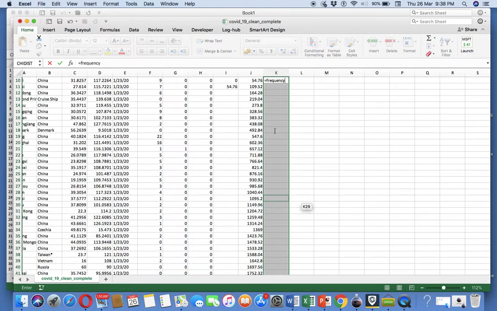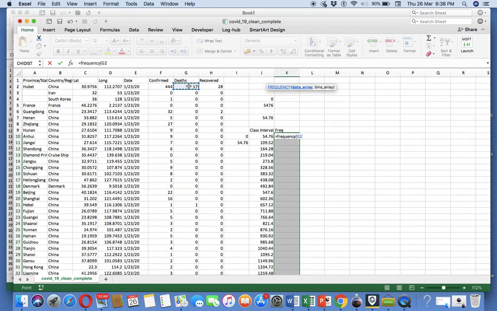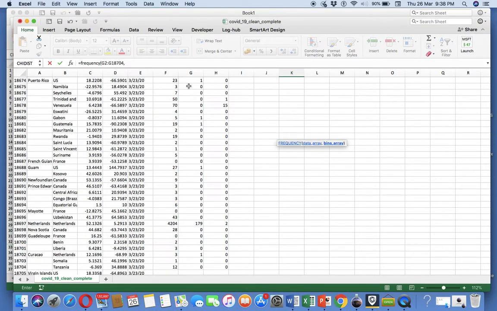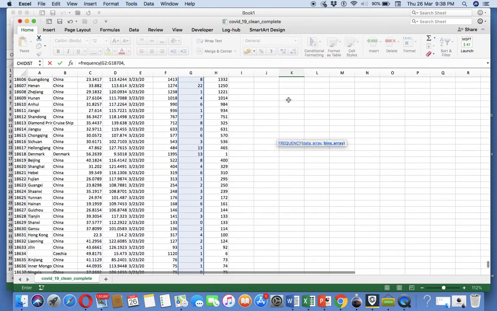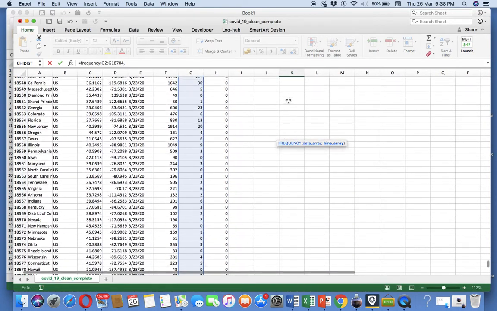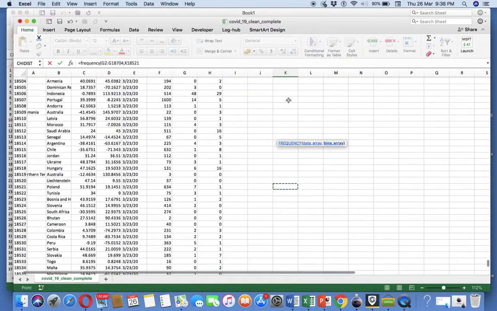Open a bracket and then it will prompt you. It's asking you where is the data. Since I'm dealing with data on deaths, I'll select it from here to here. Then I put a comma. And the next question it asks me is, what is the bin range? The bin range is another name for the class intervals.